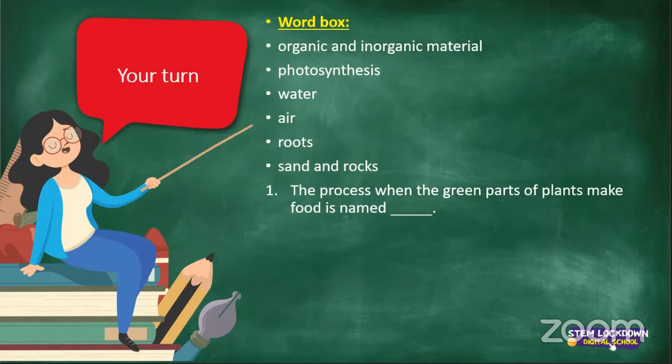I see Jabulo saying roots, Iksan saying photosynthesis, Talia photosynthesis. Let us find out. It is named photosynthesis. Remember, the key word here is the word process. So photosynthesis is always a process in which plants make their own food.